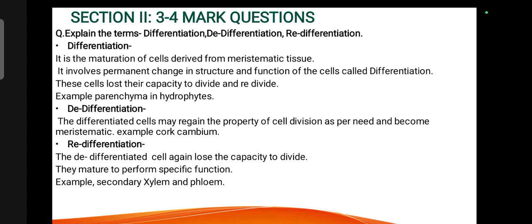Example, parenchyma in hydrophytes. Dedifferentiation. The differentiated cell may regain the property of cell division as per need and become meristematic. Example, cork cambium. Redifferentiation. The dedifferentiated cells again lose the capacity to divide. They mature to perform specific functions. Example, secondary xylem and phloem.